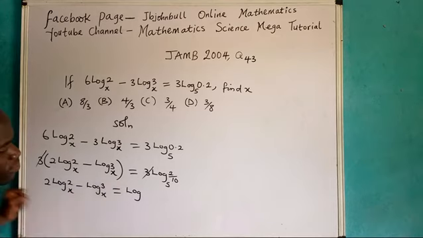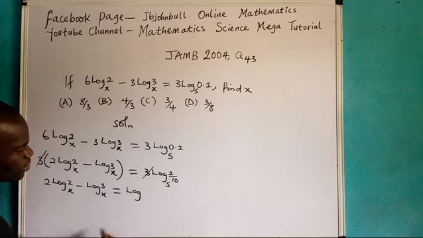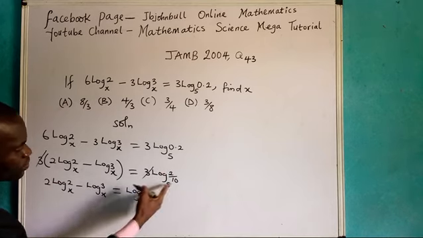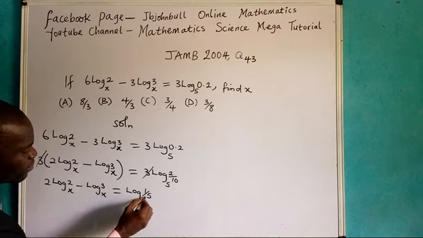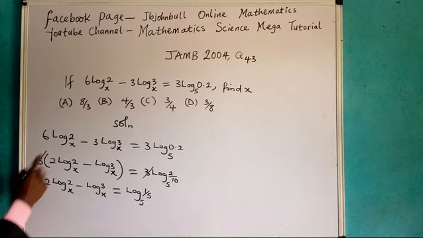For this, I can reduce it by looking for a number that can divide both at the same time. 2 can divide it: 2 divided by 2 is 1, and 2 divided by 10 is 5. Here the base is 5. Now I have to transfer this coefficient, so its position changes and it comes to the top.